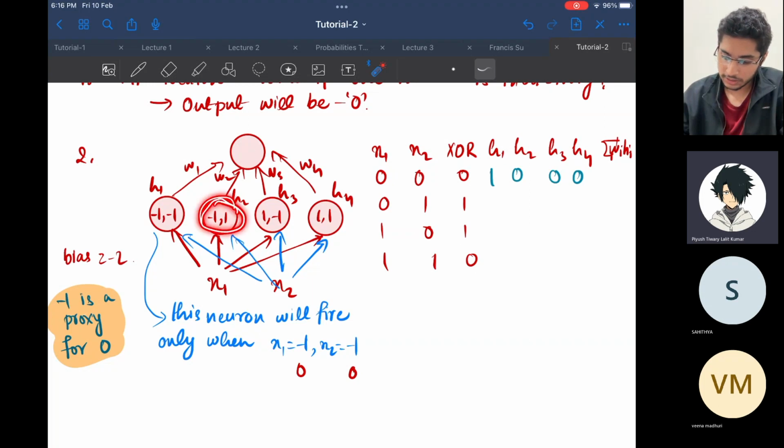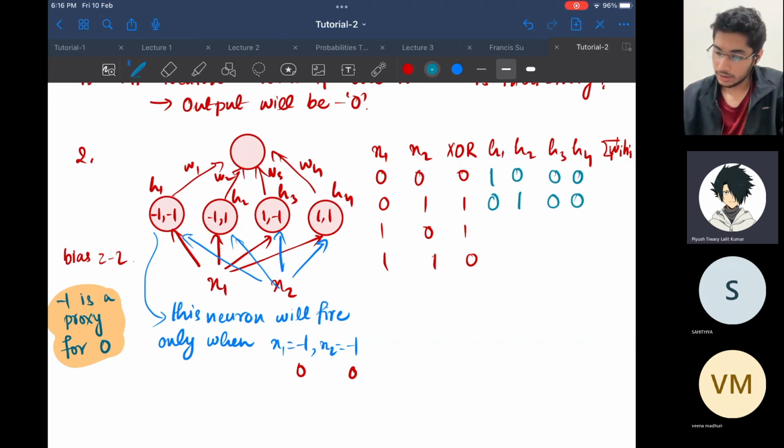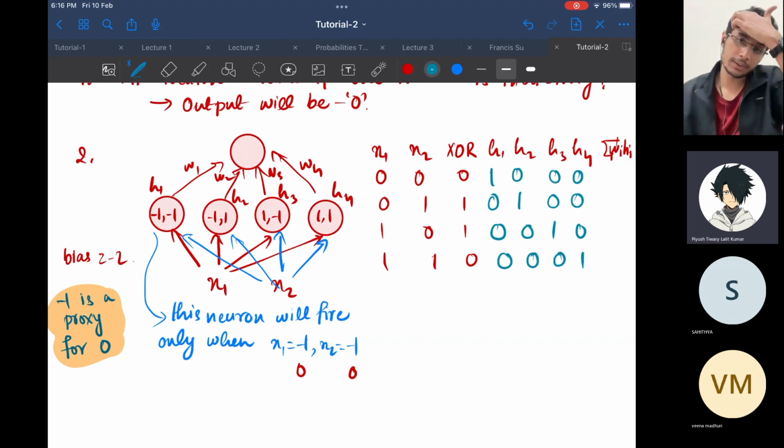You can see that the h2 neuron will get activated. So h1 will stay off this time, this will get activated, and the rest will stay off. Similarly, for 1, -1, this neuron will be activated when this condition is satisfied. Hence, these two would be 0, this will be 1, this will be 0. Similarly, the last will be this.